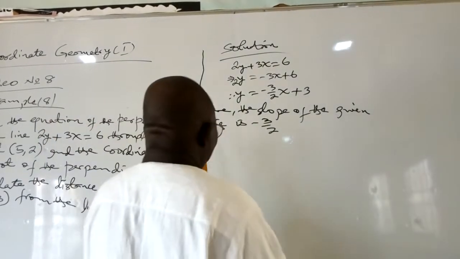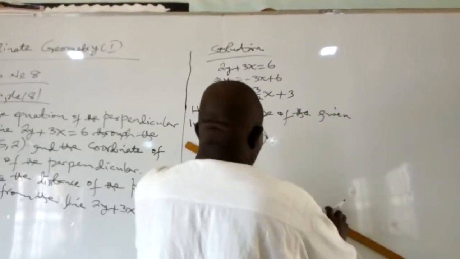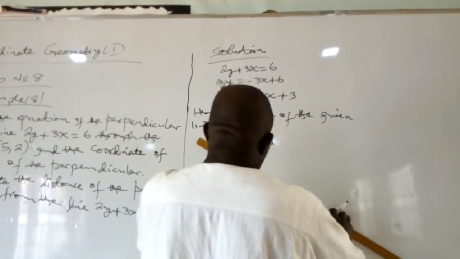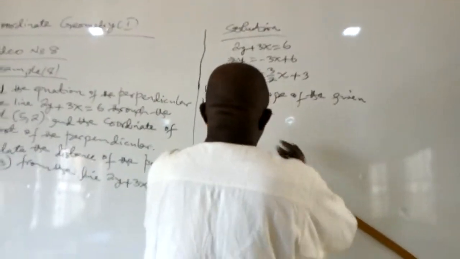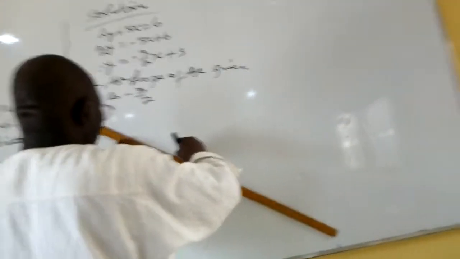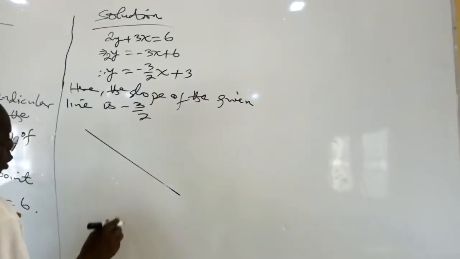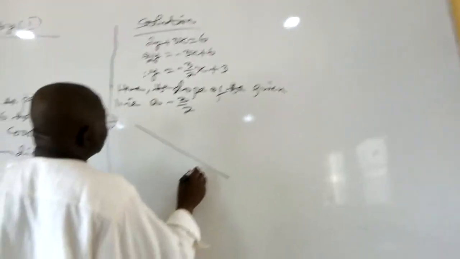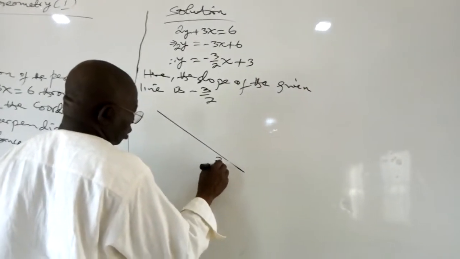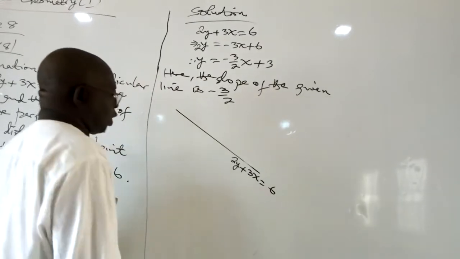If the slope is minus 3 over 2, it means the line is sloping downwards. I sketch it like that. This is the given line, 2y plus 3x equals 6.